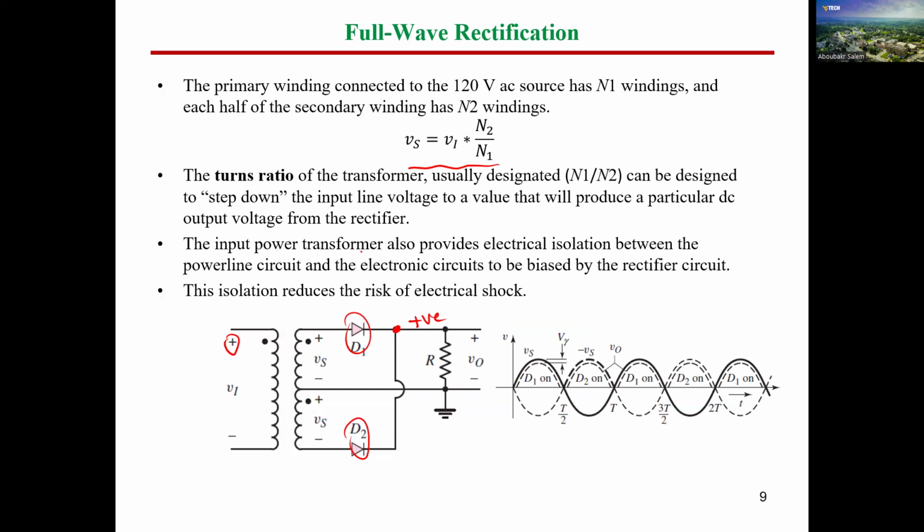The input power transformer also provides electrical isolation between the power line circuit and the electronic circuit. This is a very important point, guys. In any application, we have a standard we are following, and most of the standards require isolation for the loads.